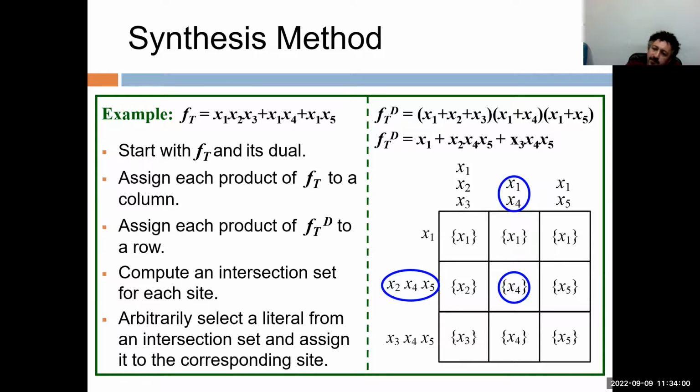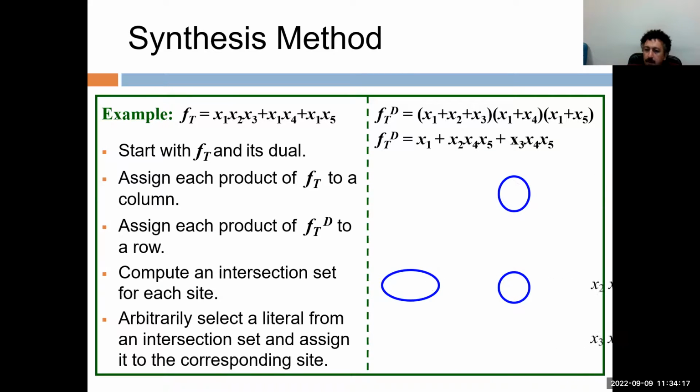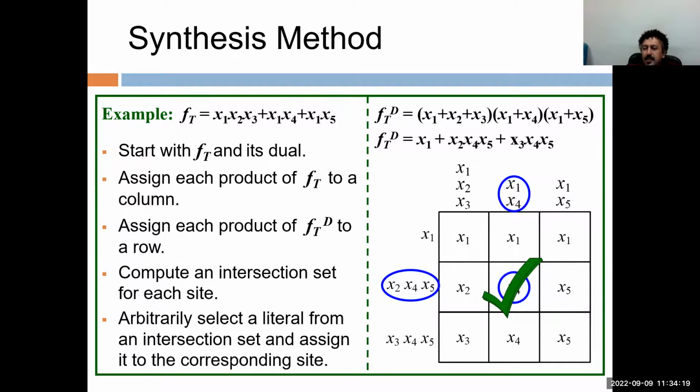So here, for this specific example, all these intersection sets have just one variable or literal, but it might be multiple. In case you have multiple literals in a set, you can select any of them. So it doesn't matter. Then I guarantee that this lattice implements your target function.